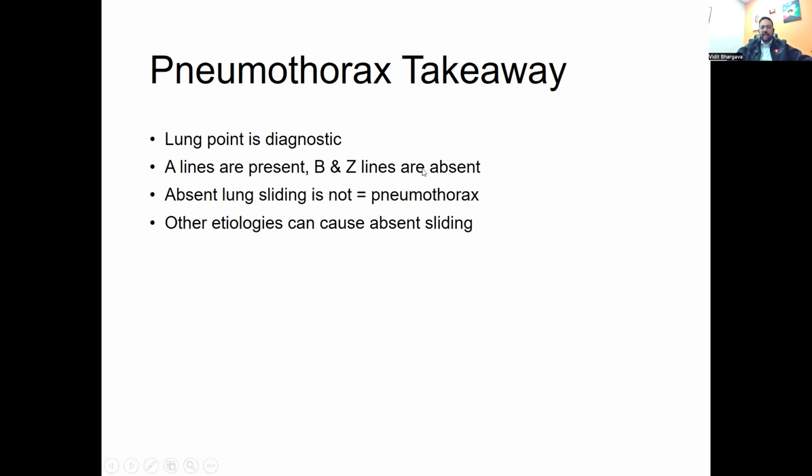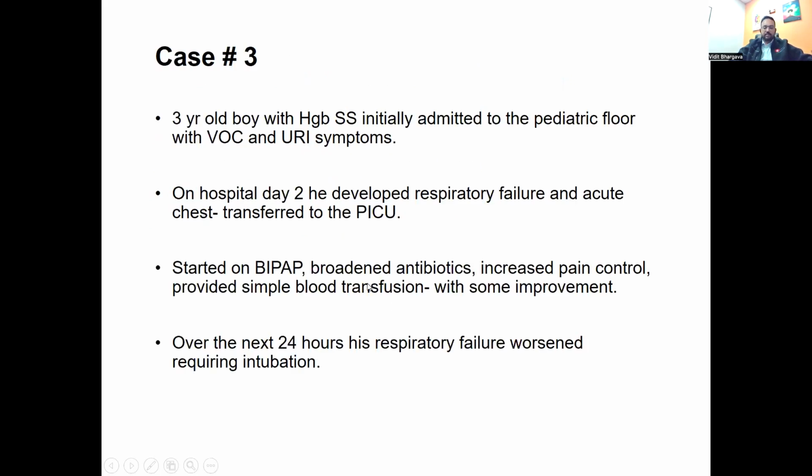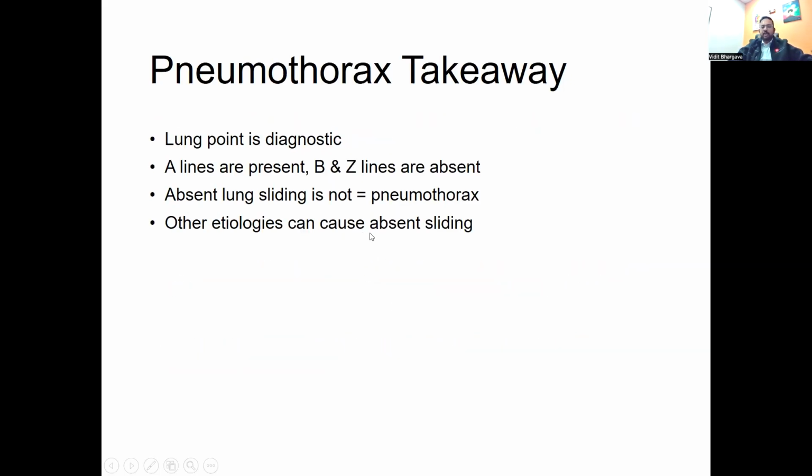B and Z lines are absent. Absence of lung sliding is not pneumothorax, and other etiologies can rarely cause absent lung sliding, such as a dense pneumonia or pulmonary contusion. And so in those cases, you have to be very cautious when you interpret a patient with pneumothorax.